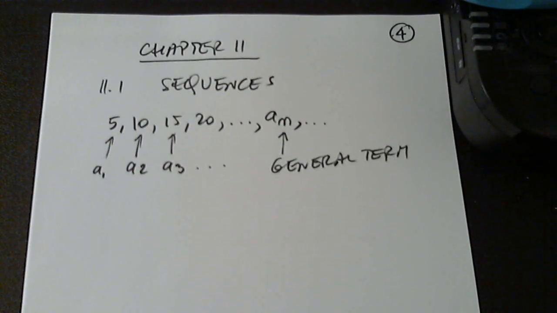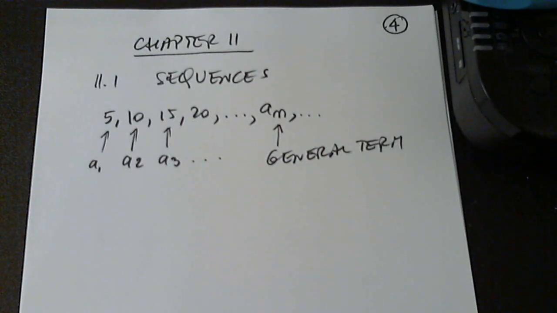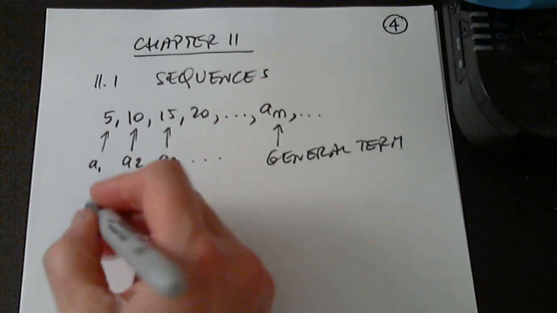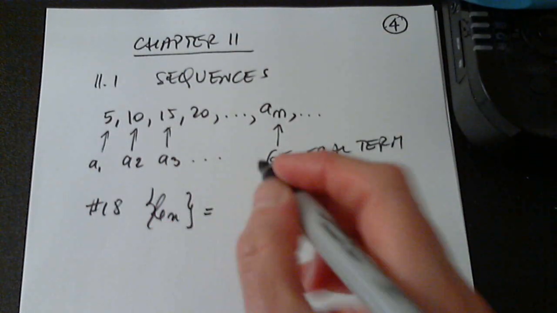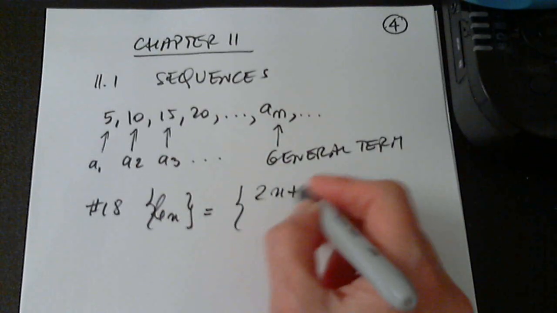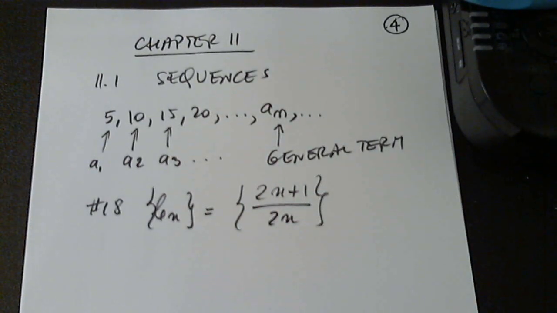We have different ways of presenting sequences. And here's one. B sub n with braces around it. So what does this mean? B sub n, and it shows 2n plus 1 over 2n. Again, I don't like the way this is presented.